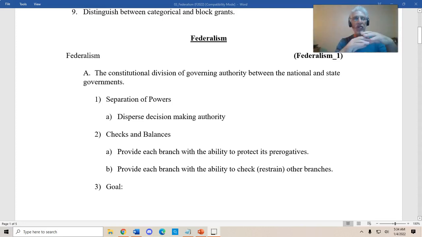And the goal was to spread decision-making authority so widely that it was difficult for any one group to take too much power. Because the framers, having come from a unitary system, were of the belief that if you gave any one group too much power, it would eventually turn into tyranny. It wouldn't be a democracy.